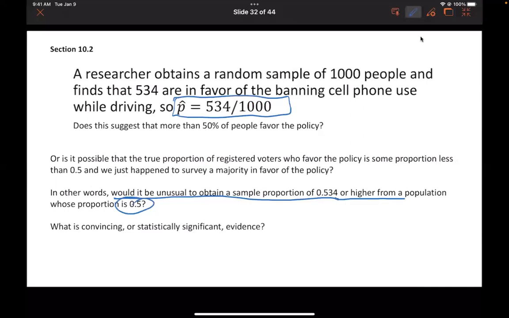Anything less than whatever the percent is that our alpha is would be considered unusual. So if my alpha is 0.025, then anything smaller than 0.025 in this case would be considered unusual. So we just look at our alpha to determine where unusual is. Don't worry, I have a good screen that's going to help you there. There's another way that we can test this, and let me talk about that.